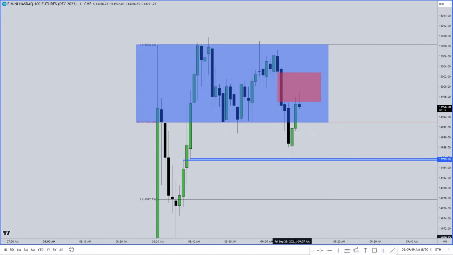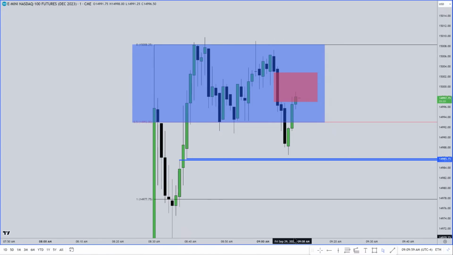So let's play devil's advocate for a moment, just for the sake of this discussion, let's just say I'm right just this time, okay? And we do go lower, longer term. Say in November, we're lower than we went to on Wednesday of this week.